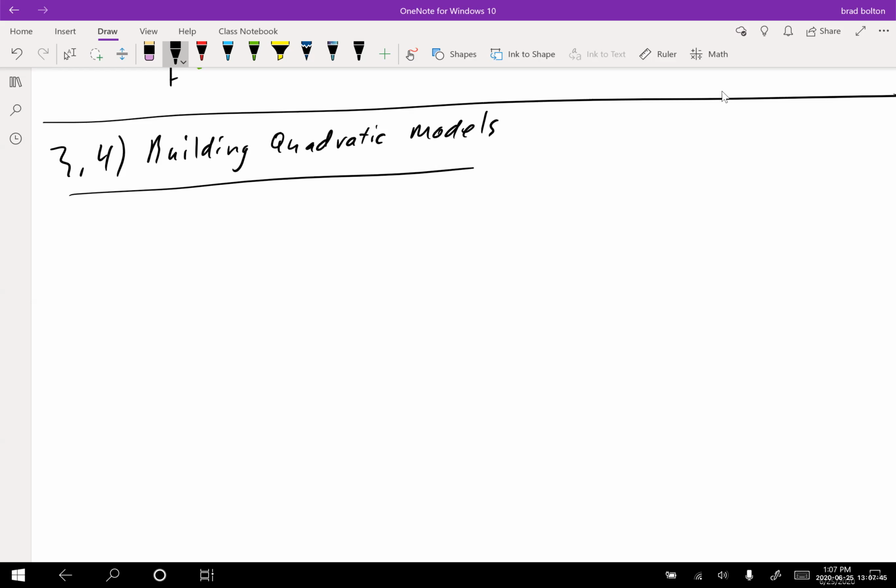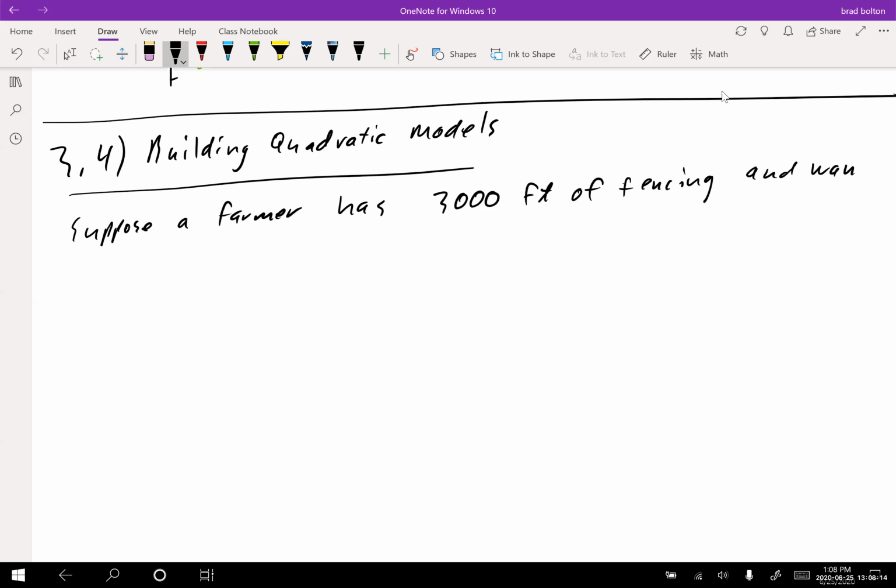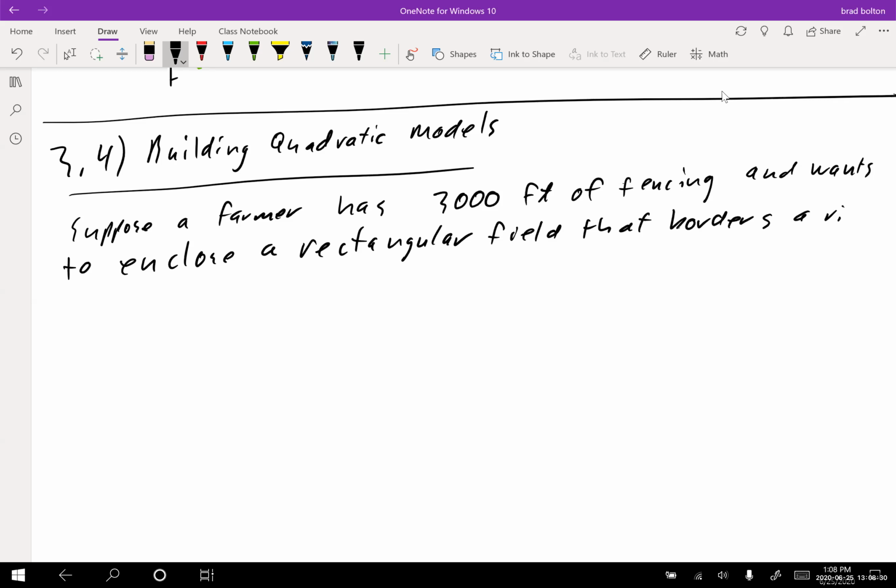Okay, so let's suppose a farmer has 3,000 feet of fencing and wishes to enclose a rectangular field that borders a river.